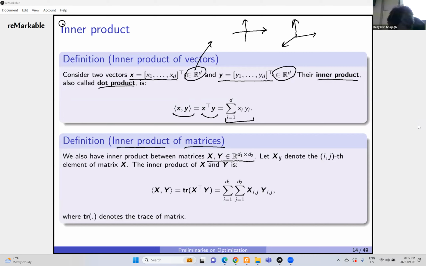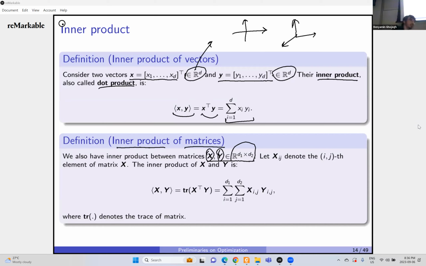That's why the matrices are capital here, X and Y. What does this mean? In simple words, it means a matrix with D1 rows and D2 columns.